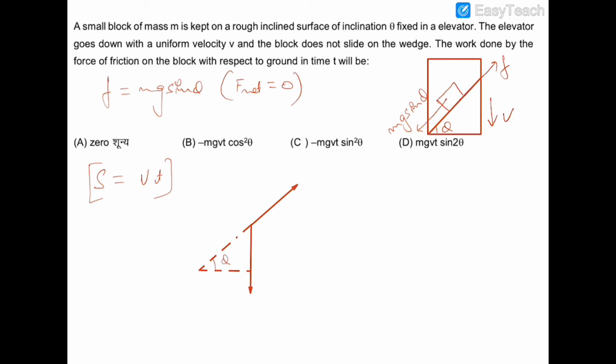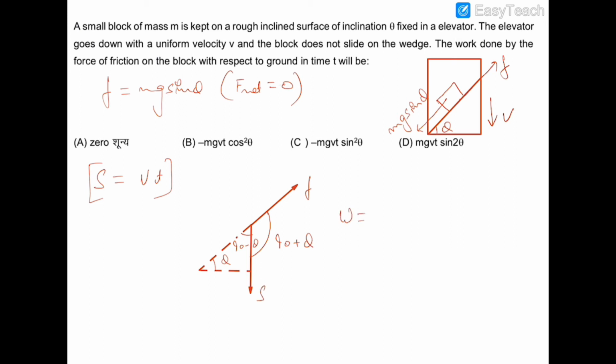This angle is theta, and this angle will be 90 minus theta, and therefore this angle will be 90 plus theta. This is friction and this is displacement S.